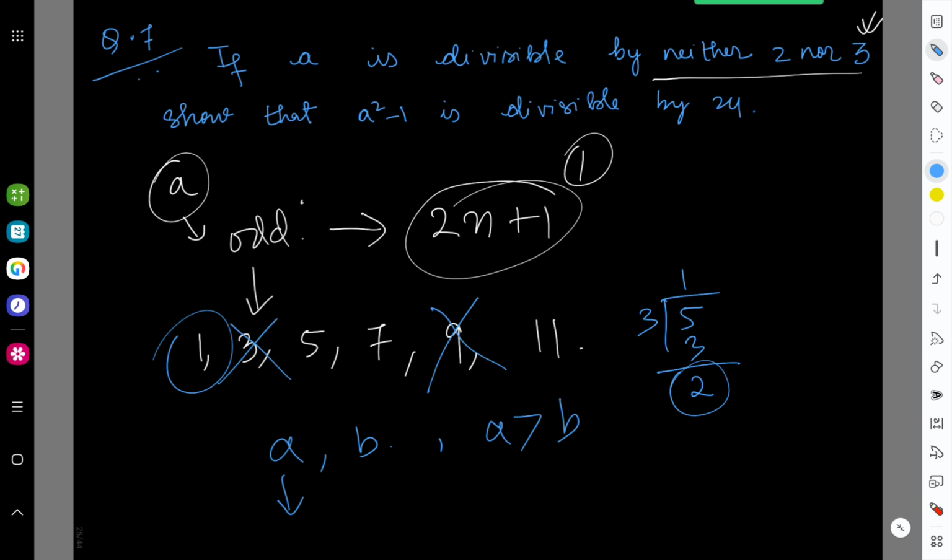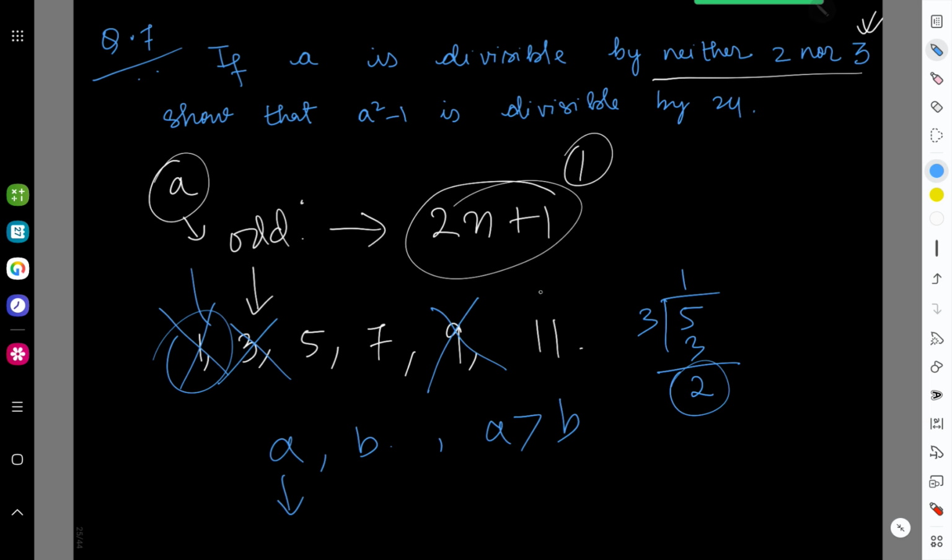But here we are talking about divisible by, so 3 is acting as a divisor and 1 is lesser than 3, so 1 cannot be the dividend here, so this also fails to be considered as the number that we're looking for.